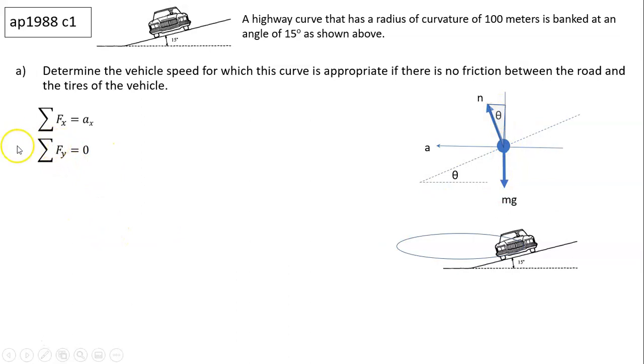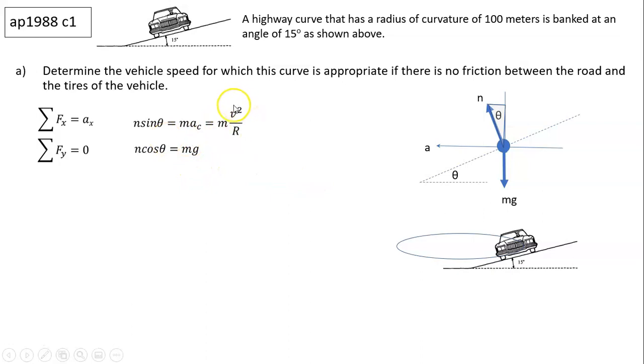From Newton's second law, looking at all the forces in the x direction, where x is in the same direction as a, we have N sine theta. That gives us the net force, and that's the one that produces the centripetal acceleration. So ma_c equals mv squared over r. And N cosine theta equals mg, so the upward force equals the downward force.